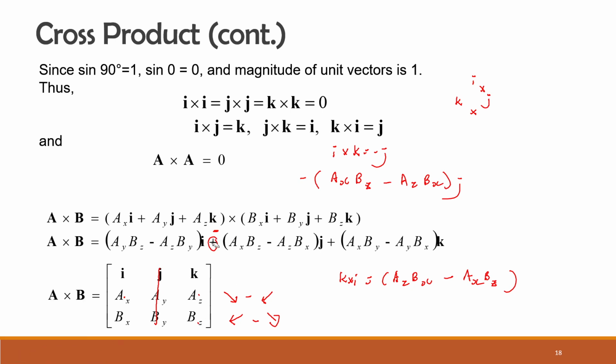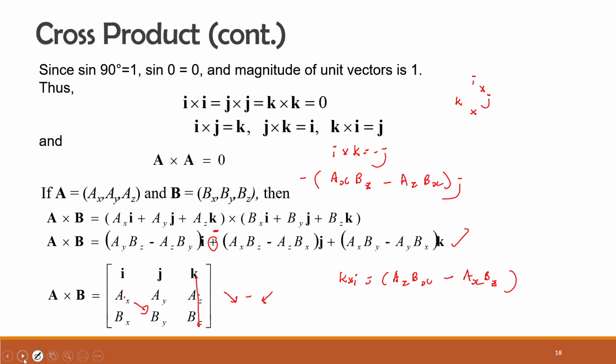So on the slide here, you make a correction, this is negative, because if we maintain the same direction, taking the main diagonal in this direction and deducting the other direction, component J is actually I cross K, negative J. After that, to get K, you have AX BY minus AY BX here.